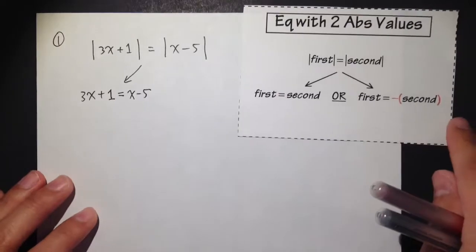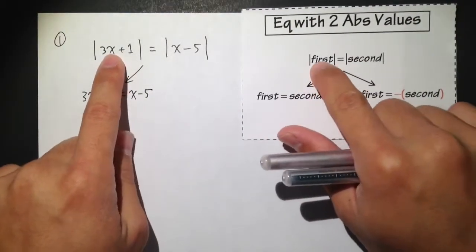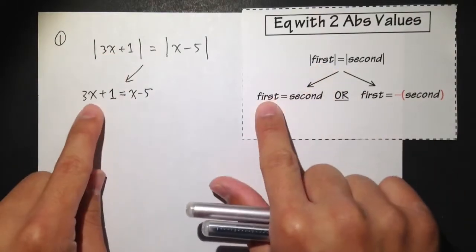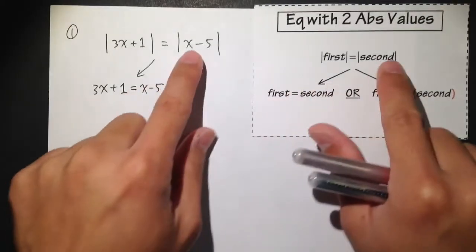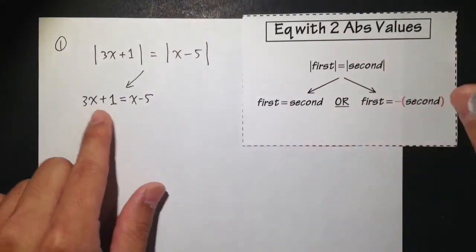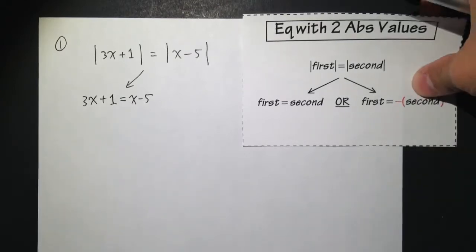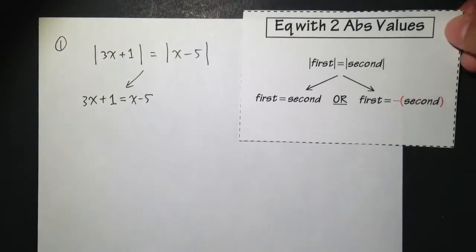So that's what I mean by that. You just write down whatever you have in the first absolute value, and make that equal to whatever you have in the second absolute value. Then you can see that this is just a normal equation that you can solve, with no absolute value to bother you.